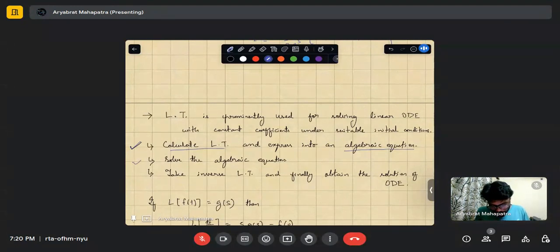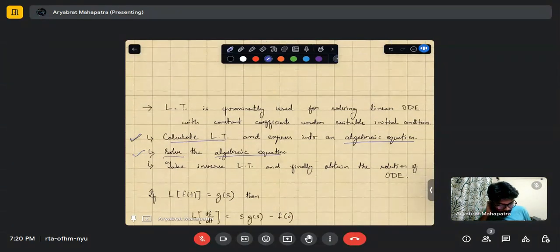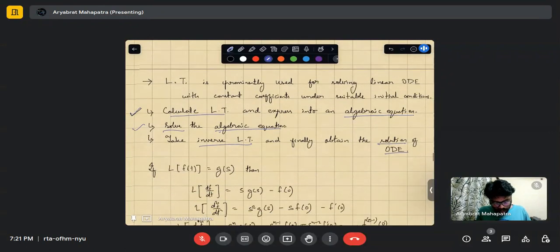Then solve this algebraic equation. After you solve it, you again have to take the inverse Laplace transform of the final solution of that algebraic equation, and then you will have the final solution of your ODE. So we'll see how that is done.